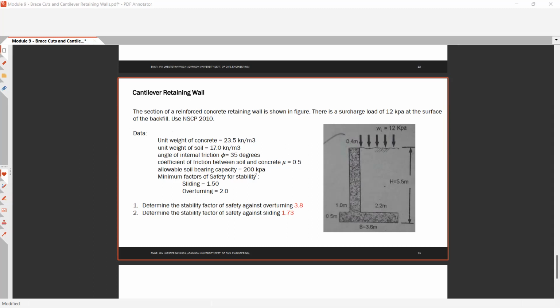The minimum factor of safety for stability against sliding is 1.5, against overturning is 2.0. Determine the stability factor of safety against overturning. The answer is 3.8. And determine the stability factor of safety against sliding. The answer is 1.73. Okay, let us try to solve this one. I-solve natin siya sa whiteboard.